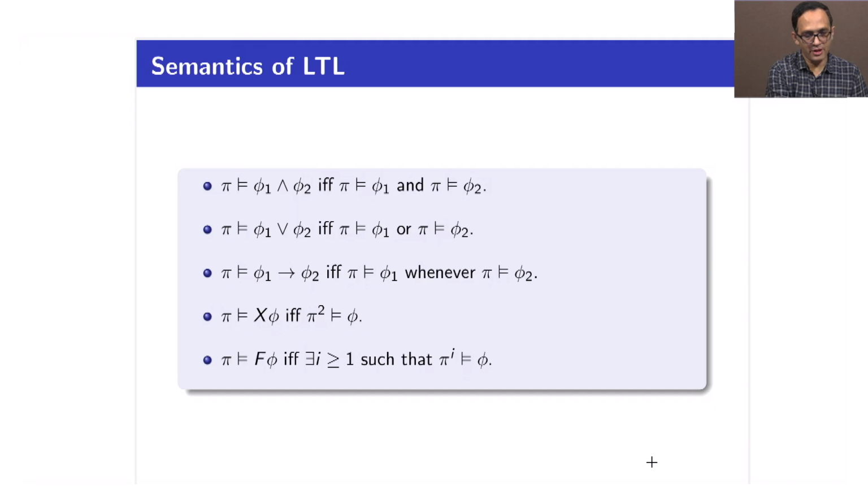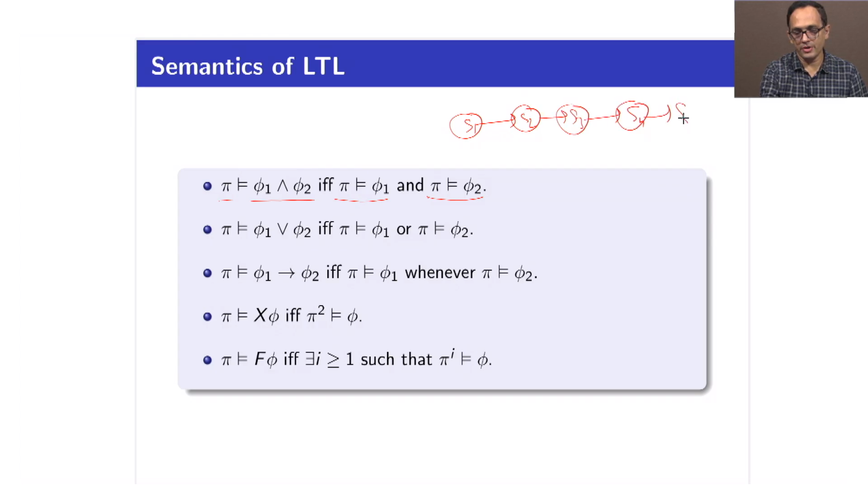Then pi satisfies phi 1 and phi 2 if pi satisfies phi 1 and pi satisfies phi 2 individually, right. Think about a simple example. Let us say I am taking the same example: S1, S2, S3, S4, S5 and so on. Let us say in this state p holds, and in this state q holds. Let us say phi 1 is F of p.